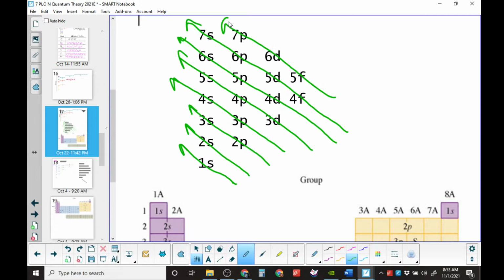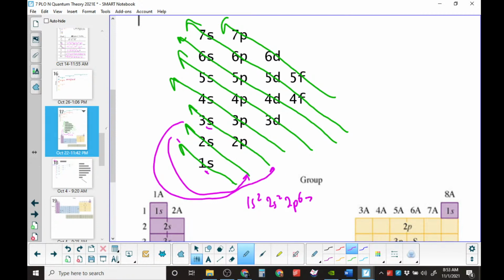And what you're doing is, if I was to follow this along, okay, this one fills first, 1s2. And then when you're done, you go to the next energy level, and it goes 2s2. And then that goes to the next energy level, which is then 2p6, 3s2.